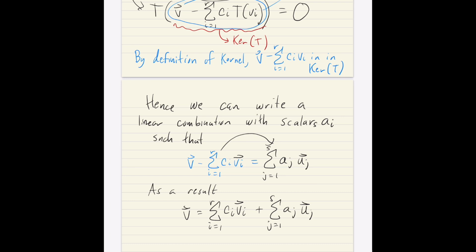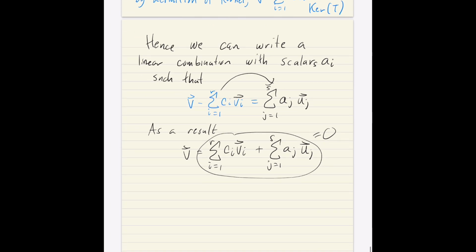And what's true about all this? This whole thing is 0 only when all of the constants Ci and aj are 0. Thus, V, the vector set, is equal to the span of the vectors.